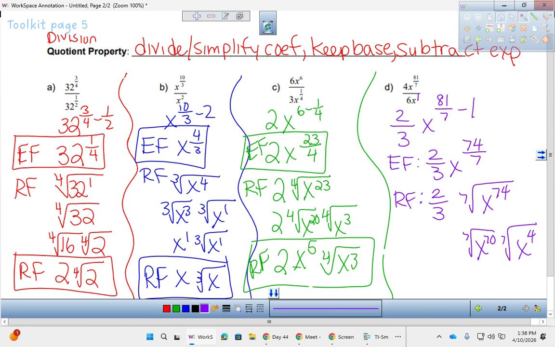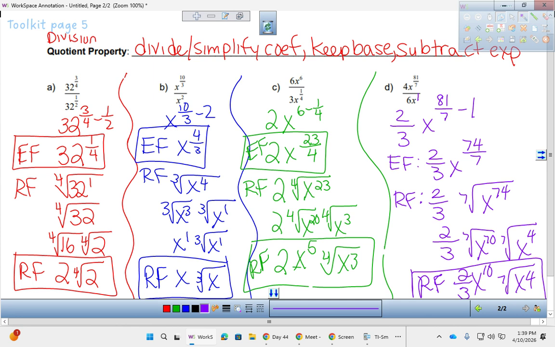So that means this is going to be a 4, and again, still just 2/3. So 70 goes into 7 10 times, so we'll call that x to the 10. And then 7th root of x to the 4th is going to stay as is, and so is the 2/3. So my final radical form looks like that.